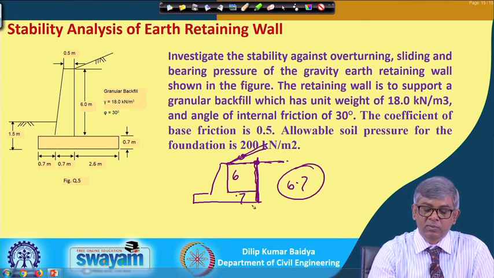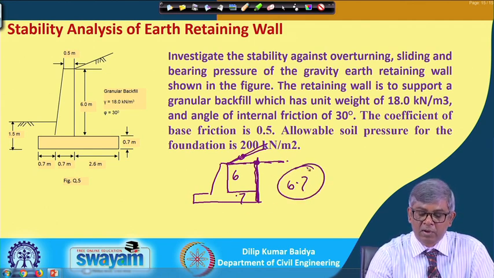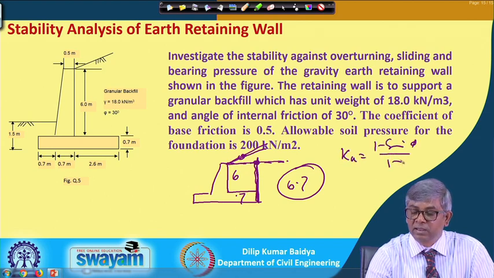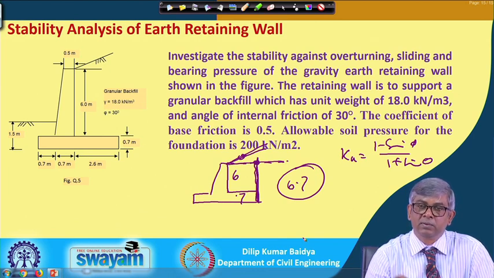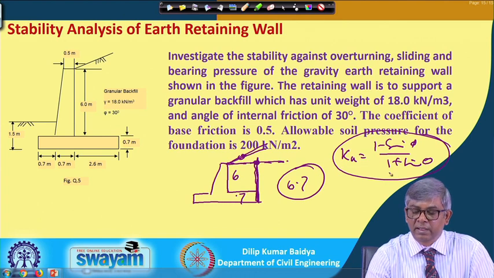If I do that, there will be a little simplification, because the Ka calculation, instead of 1 minus sin phi by 1 plus sin phi, was cos beta minus under root cos square beta minus cos square phi, divided by cos square beta plus under root cos square beta minus cos square phi. That expression will be simplified like this.